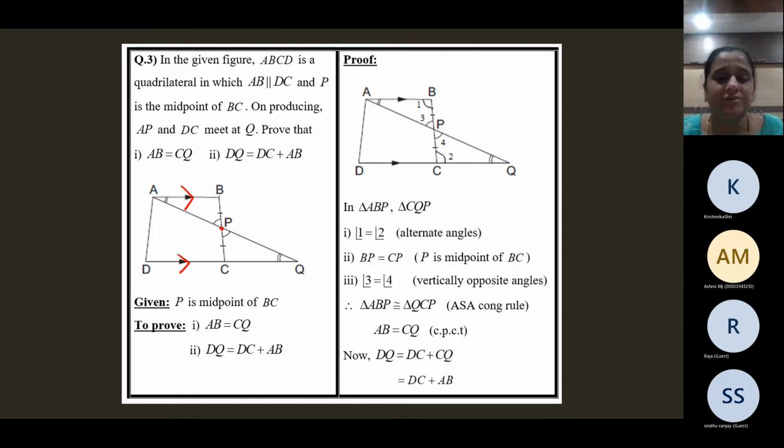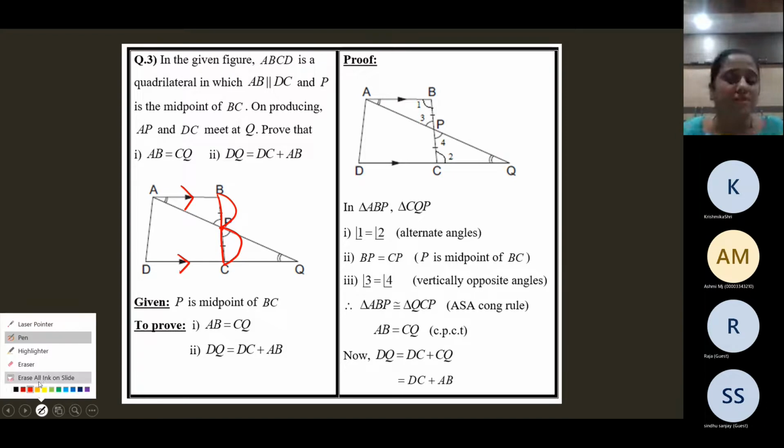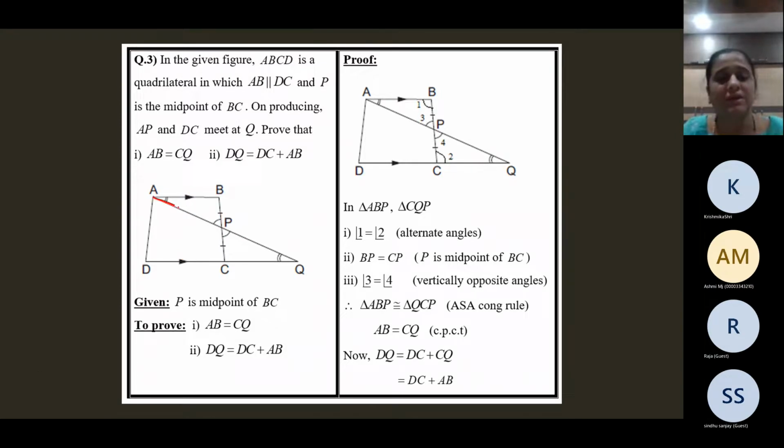P is the midpoint of BC, that means BP is equal to PC. AP is joined and produced. DC is also produced. They meet at the point Q. We need to prove that AB is equal to CQ first.